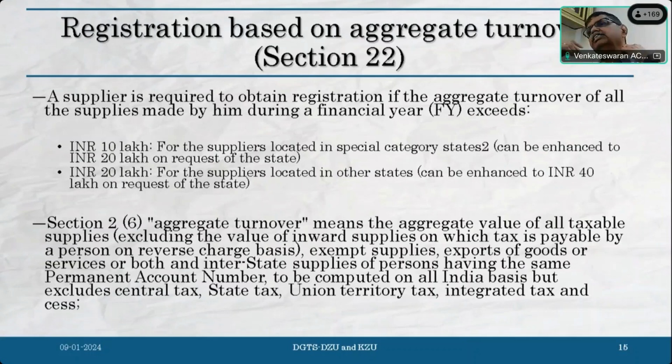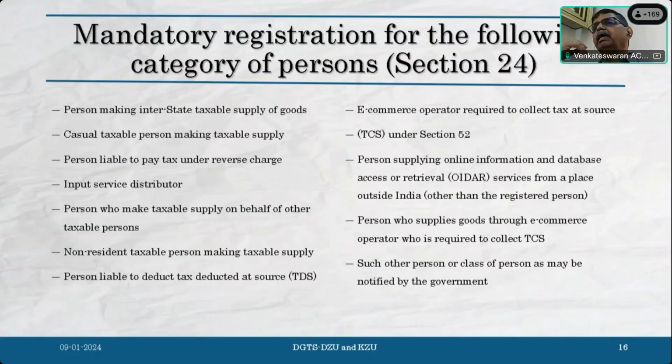Then mandatory registration. There are certain persons who are providing interstate supply. Interstate supply of goods cannot be done without a registration. If I want to trade between Tamil Nadu and some other state, or Delhi or nearby states, supplying goods, registration is mandatory.